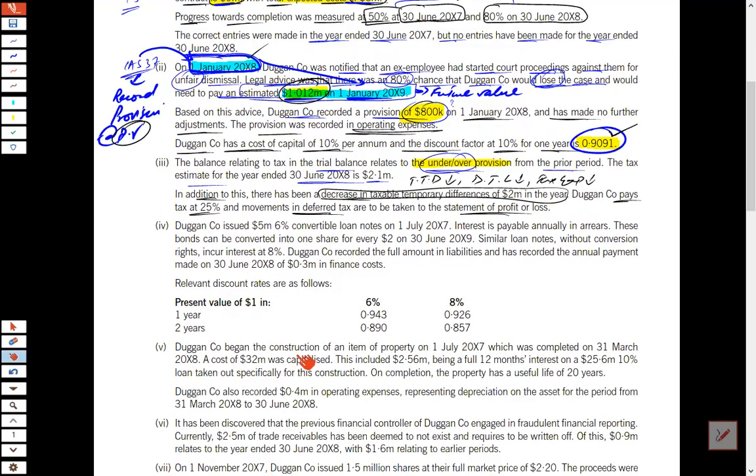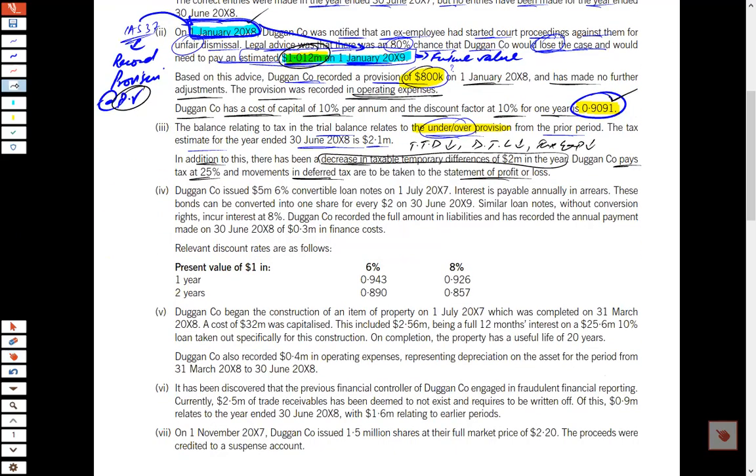All right. Note number 4. The company issued 5 million 6% convertible loan note on 1st July 2007, which is a year start date. If year end date is 30th June 2008, and if you actually issued loan notes on 1st July 2007, so it's exactly the year start date.